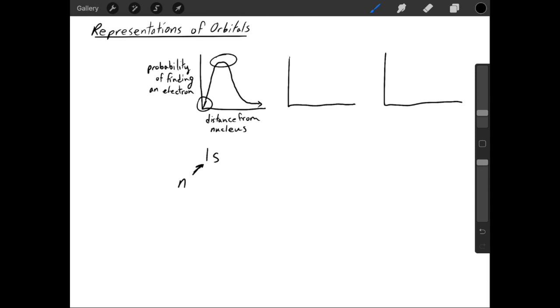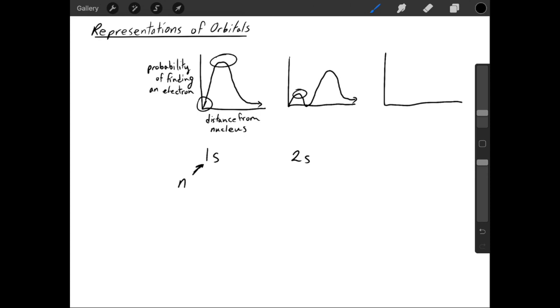And if you look at the 2s orbital, the second higher energy s orbital, what you'll find is that there's now a node. So now you have, again, at the nucleus, zero likelihood of finding an electron. And a little bit further away from the nucleus, you have some probability of finding an electron.